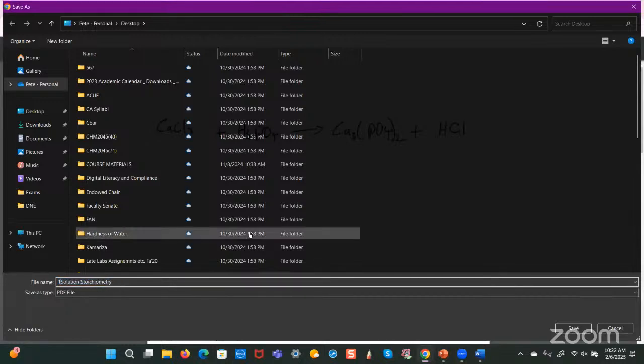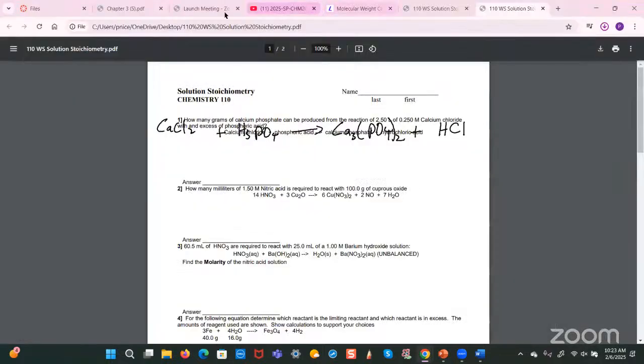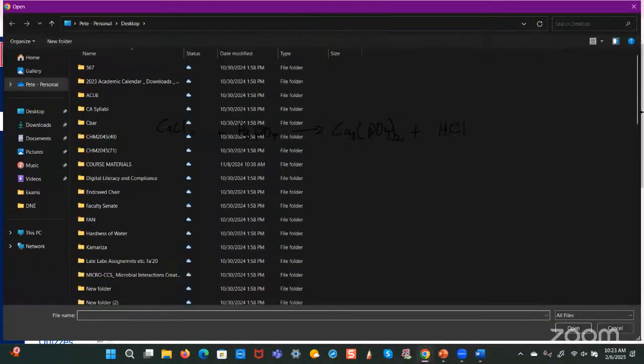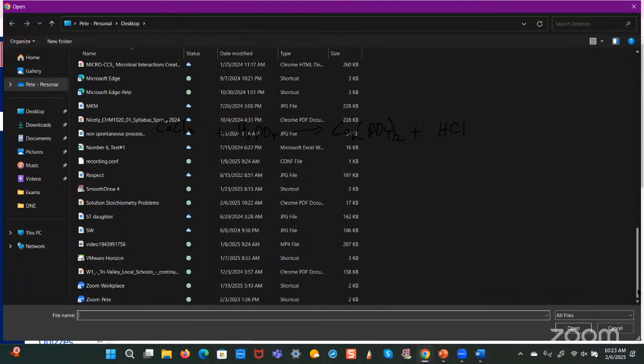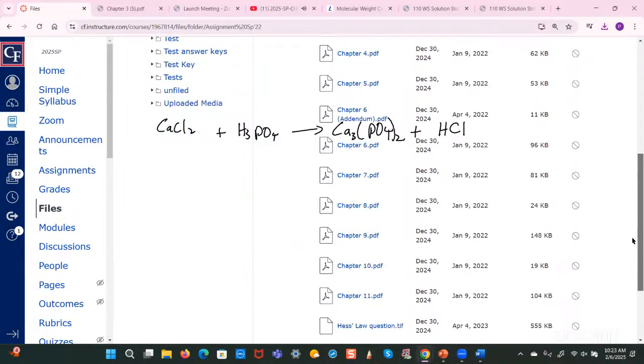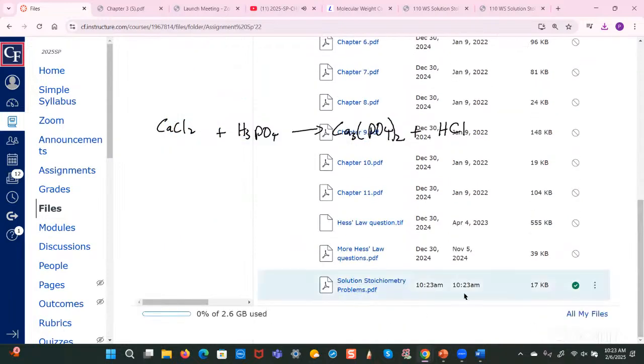I'm going to say solution stoichiometry problems. I'm going to put it in the assignment section. Okay, so it's now there, so you can try the other problems. So let me get back to that.